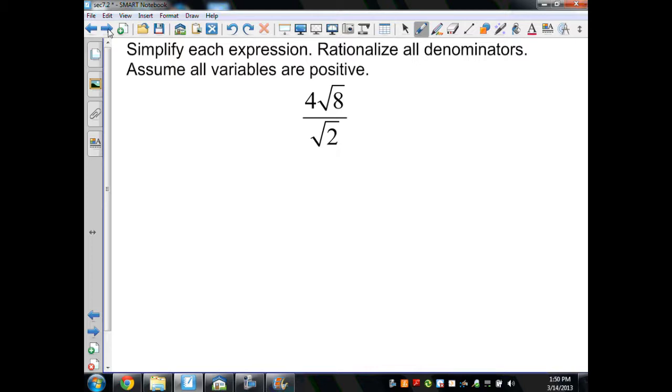Here's an example. Here we want to simplify each expression. I have 4 square roots of 8 over the square root of 2. Since my index is the same, I can rewrite that as 4 square roots of 8 over 2.